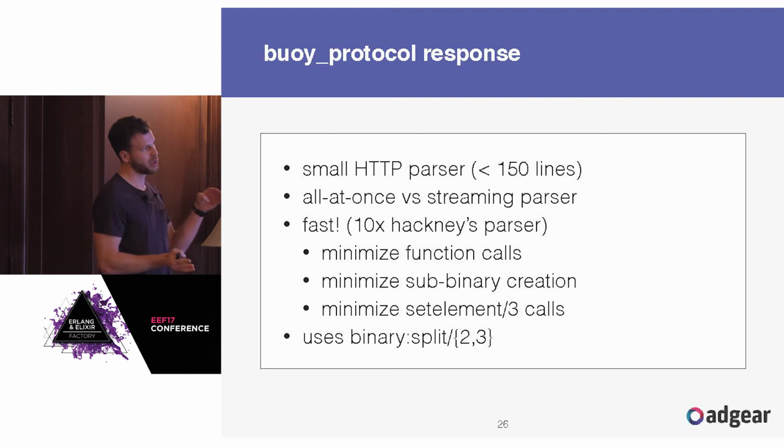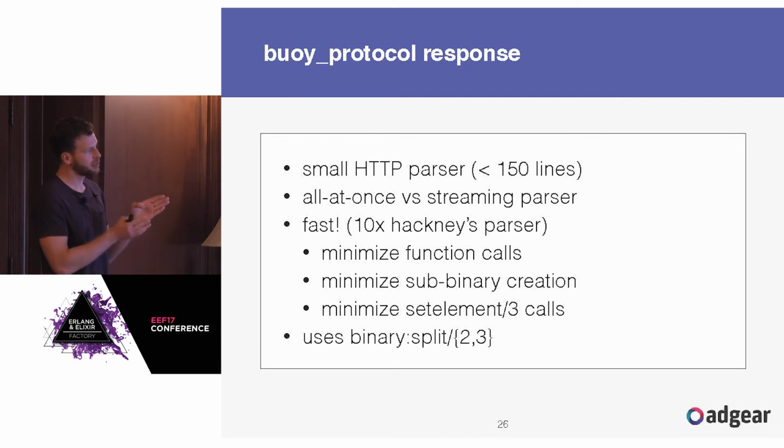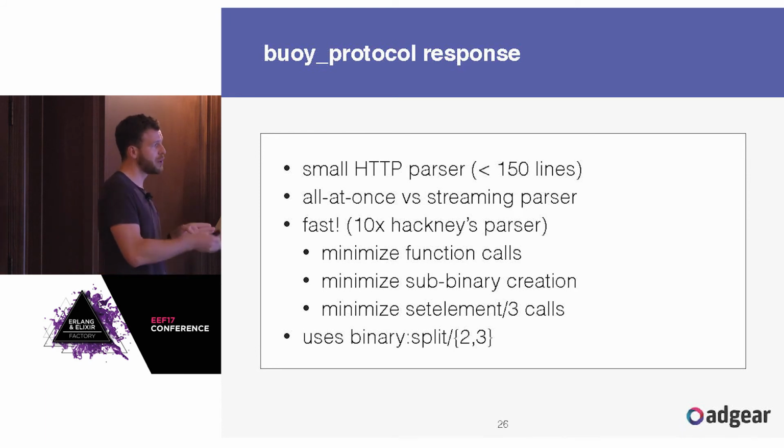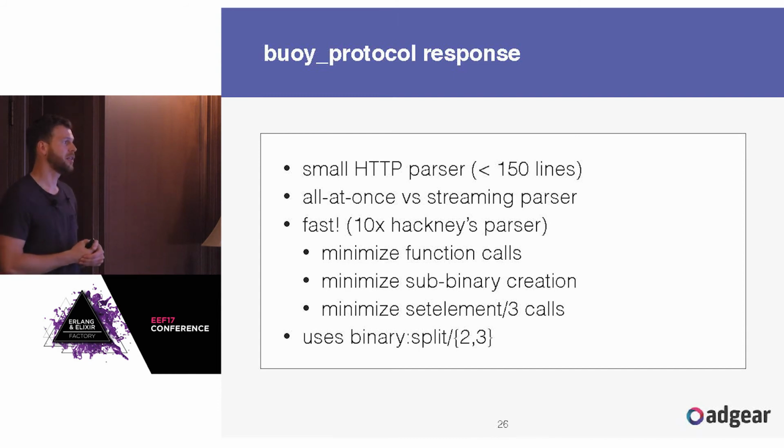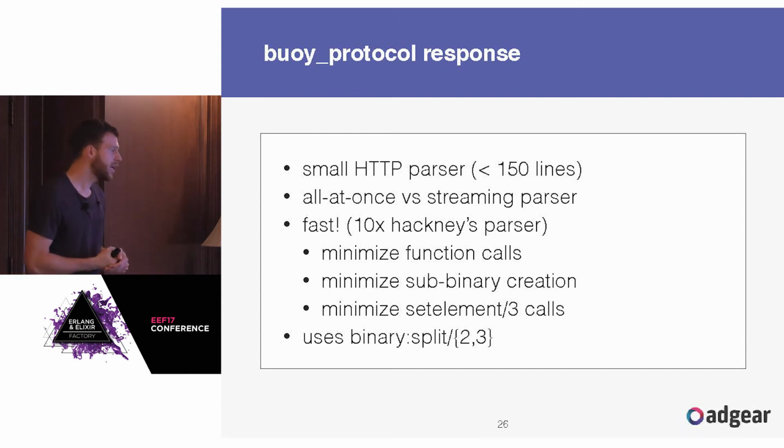Instead of doing one big function, I split mine. It is streaming-ish. I do the headers and then the body, but I don't do 10 passes on headers and continue that way, to minimize function calls, minimize sub-binary creation, and minimize set element calls.